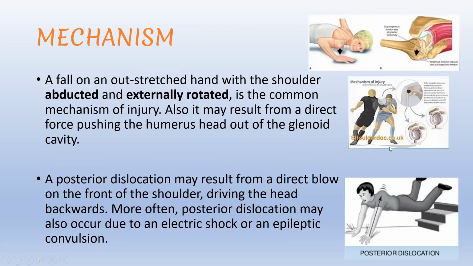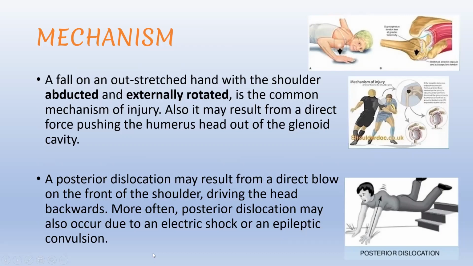In this picture, we can see that force from behind the shoulder can dislocate the shoulder anteriorly. In this picture, the granny's hand is abducted and externally rotated.